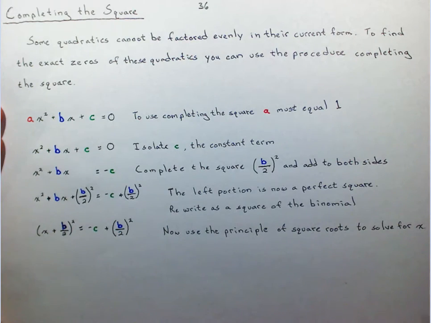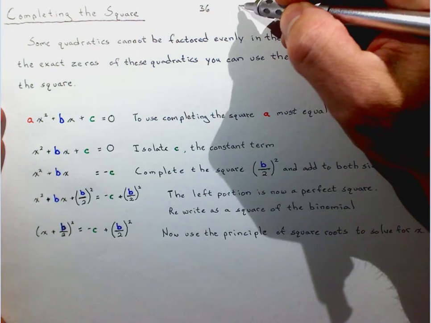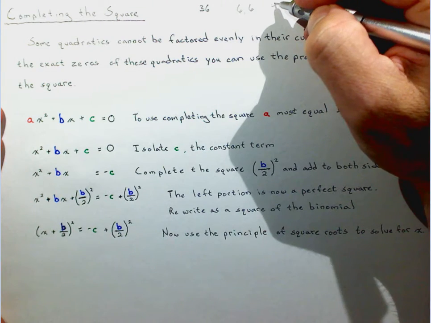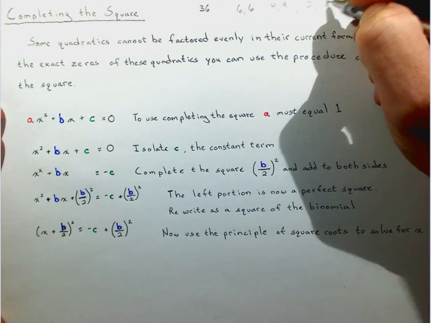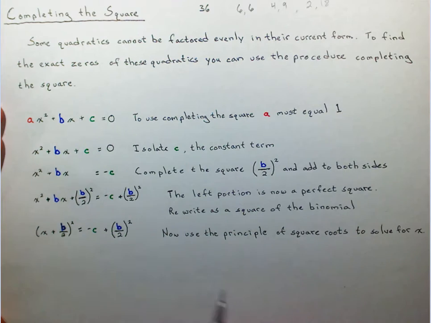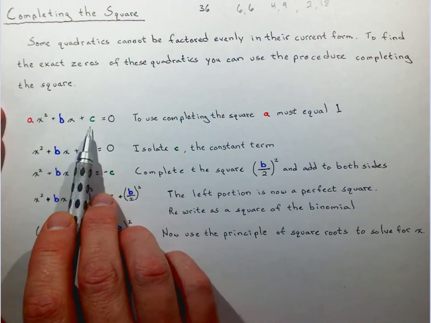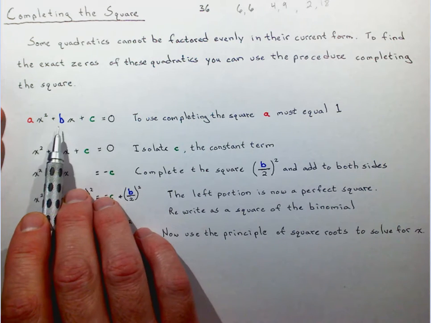Then you could list out certain factors. I mean, like we could have 6 and 6, and 4 and 9, and 2 and 18. Okay, we could come up with different sets of factors. With our quadratic, that's what we're doing because we've taken a more complex number and broken it down into smaller numbers.